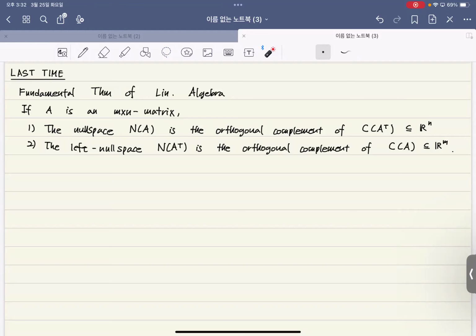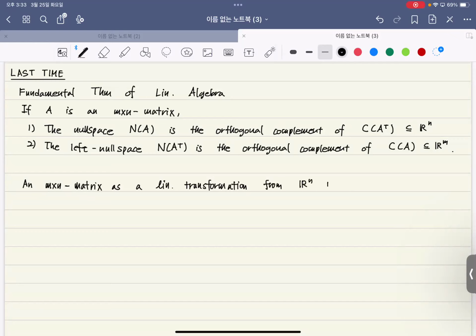In particular, if my A is an m by n matrix, then A can be considered as a linear transformation from Rn to Rm.